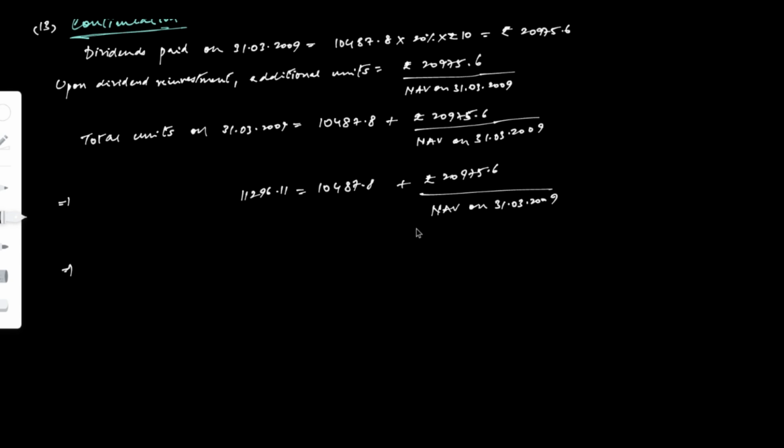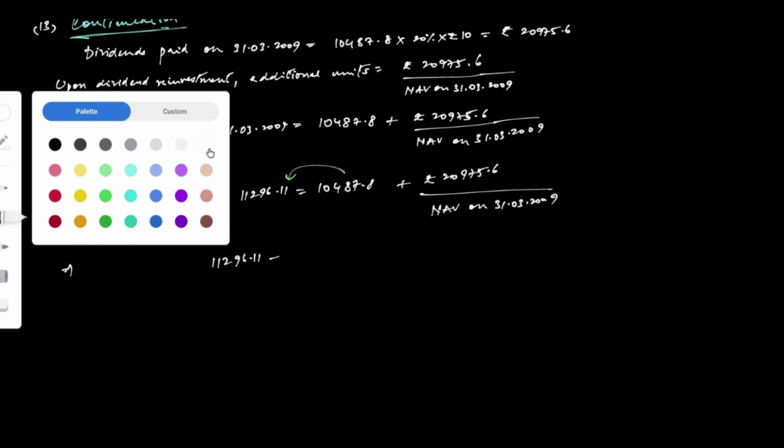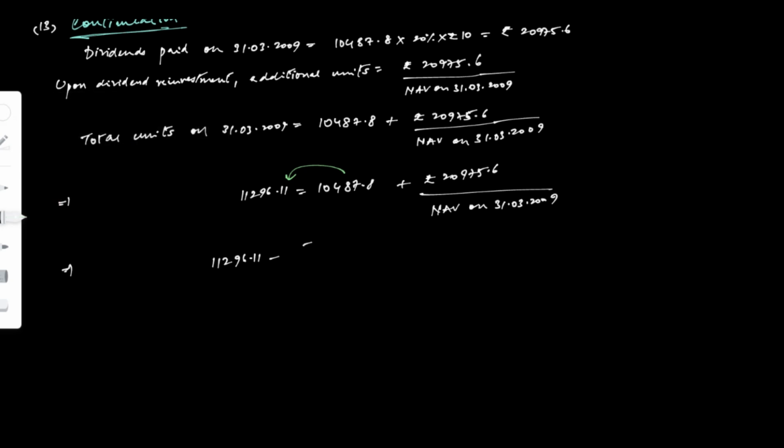Now solving this further, it is 11,296.11 minus this, when it goes here, 10,487.8 is equal to rupees 20,975.6 by NAV on 31/03/2009, right?